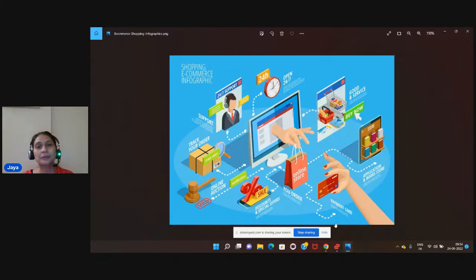Everybody in today's world wants that, because when you see a product on an online platform, you don't know the material, how good or bad it is, or whether it is worth buying.